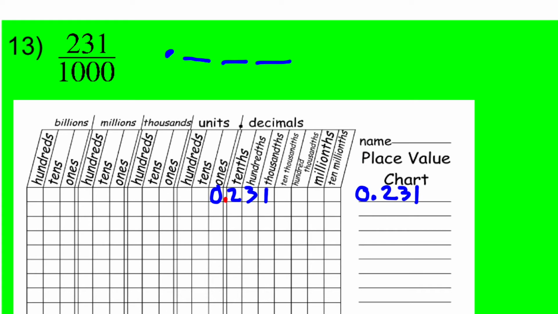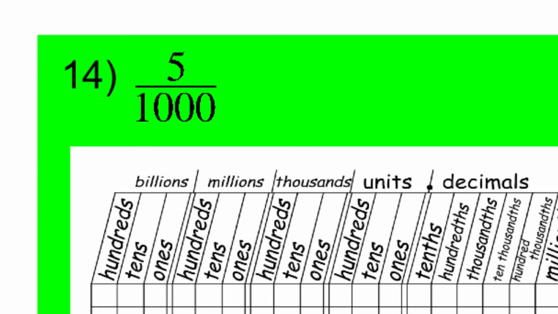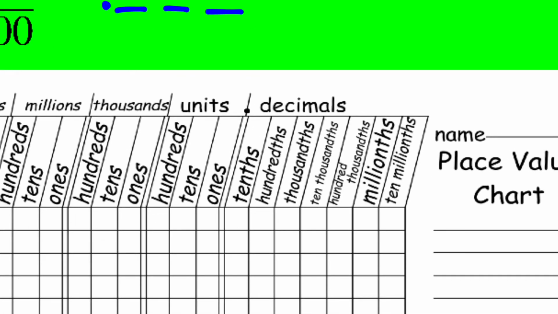Let's look at another one. Okay, this number is 5 out of 1,000. The 3 zeros indicate that we're going to have 3 decimal spots up to the thousandths, right? The tenths, the hundredths, the thousandths. We have to have 5 thousandths. So if I go to my place value chart, we have to have 5 thousandths.